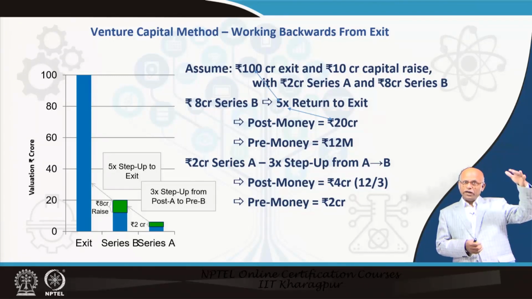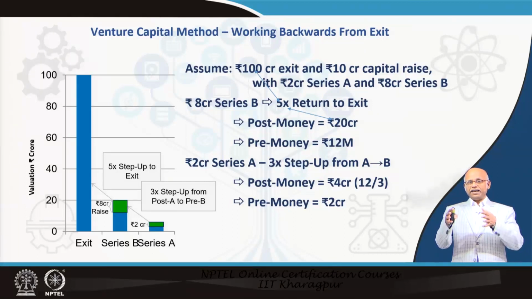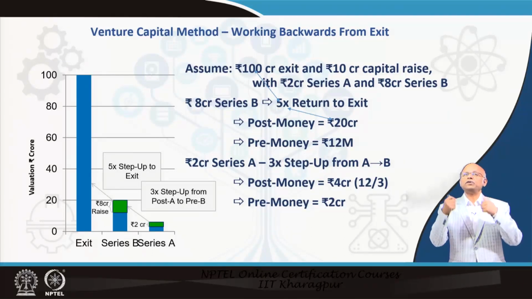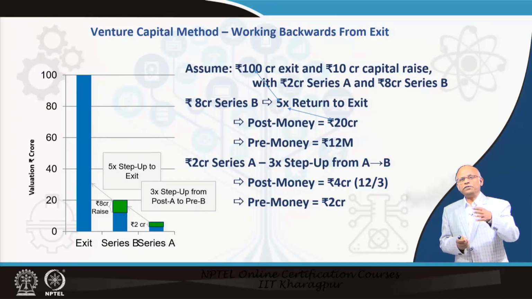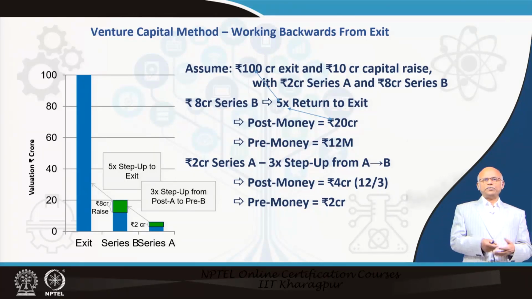So, divide that 12 crore rupees by 3, you get 4 crore, that is the post money valuation. Now, you deduct the amount that you raise, that is 2 crore, from the post money valuation, you get the pre money value, that is 2 crore, as simple as that. So, I hope that you understand.